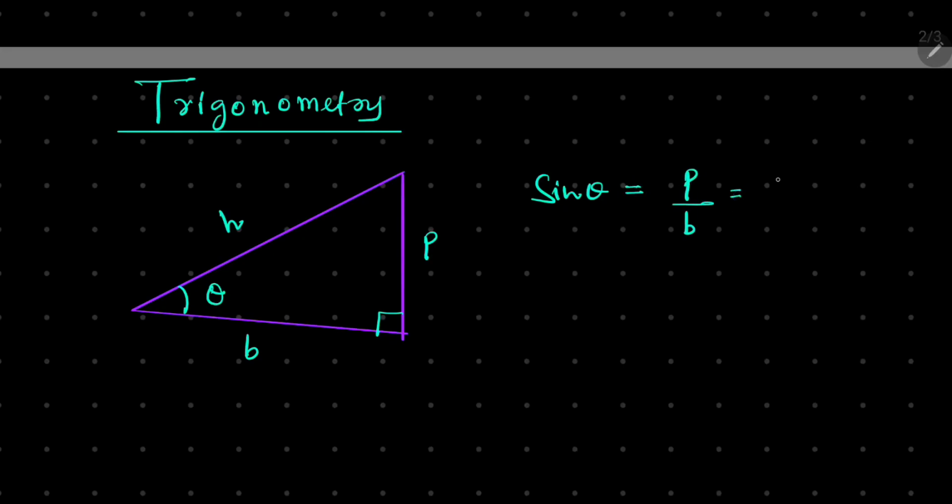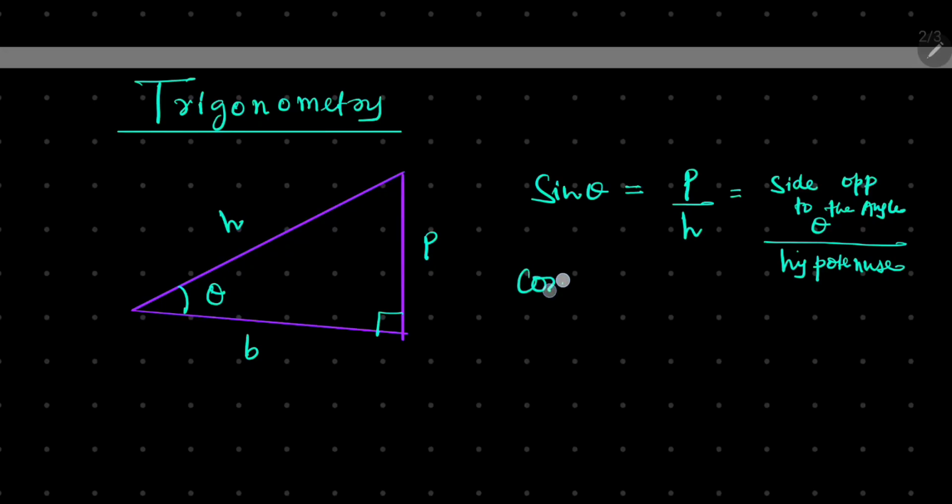You may say the side opposite to the angle theta divided by the adjacent side, sorry, divided by the hypotenuse. Sorry for the mistake, it is not p by b, it is p by h.